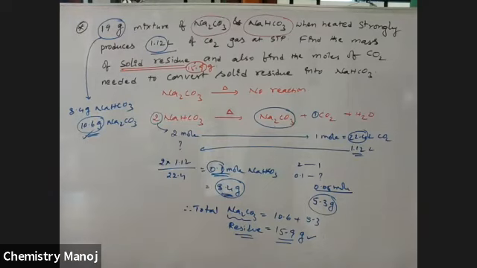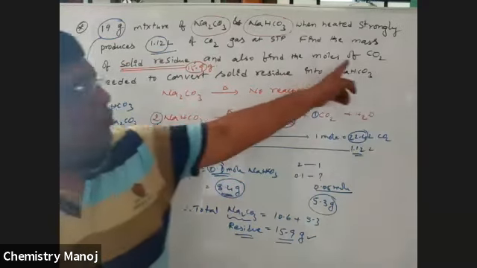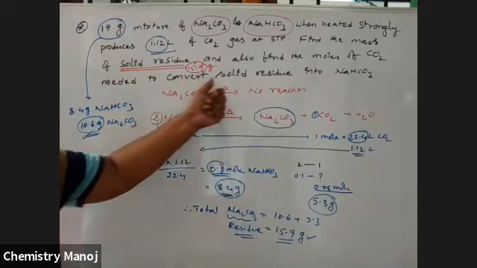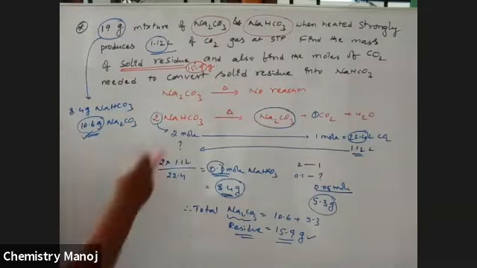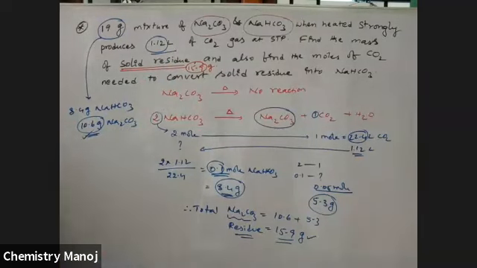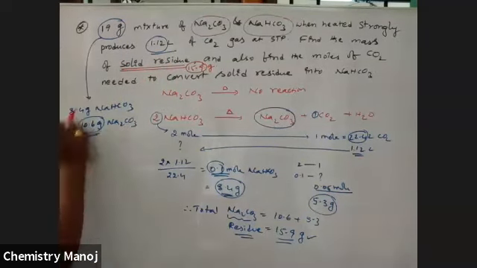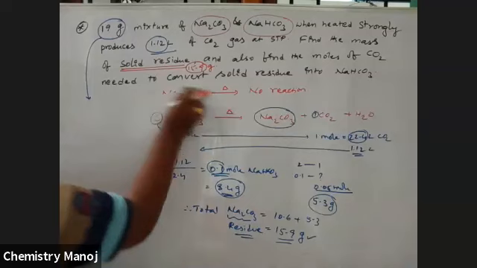Next, find the moles of CO2 needed to convert the solid residue into NaHCO3. How much solid residue is there? 15.9 grams. This is a continuation step.